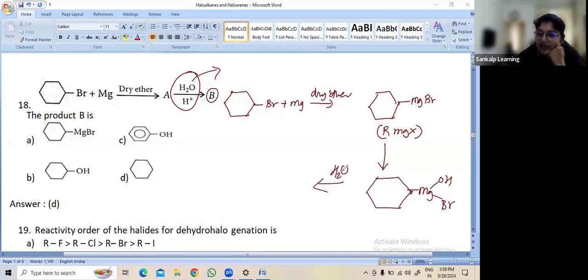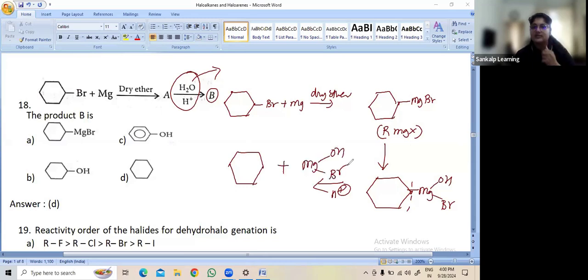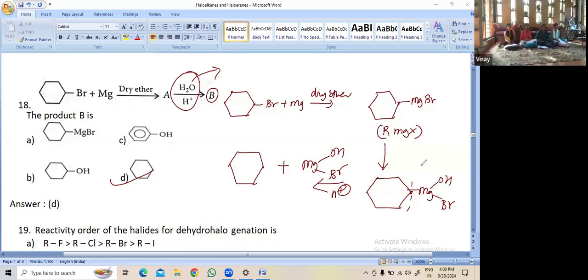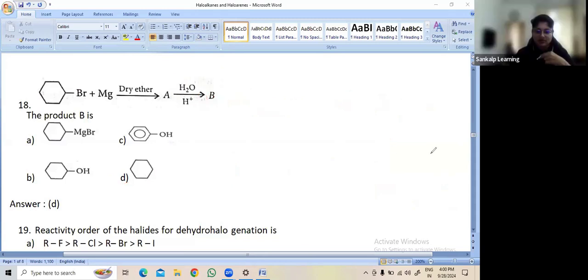Further, when it undergoes acid hydrolysis, this bond is cleaved, and then you are going to get Mg, OH and Br like this. So our option is D. Is it clear? Yes, ma'am. Any other doubts?